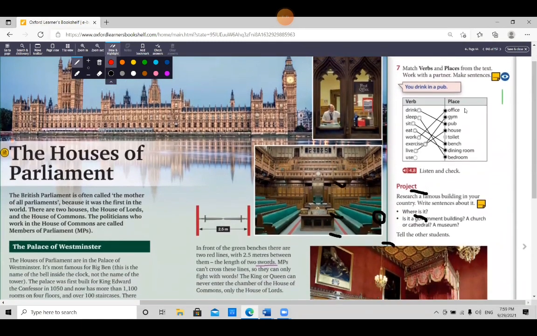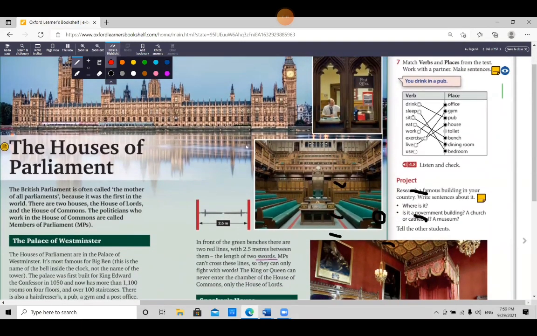Now, in the last 2 minutes, let's quickly do exercise 7. Match verbs and places from the text. Work with a partner, make a sentence. Let's just match them. We have, for example, drink, pop. Bench.